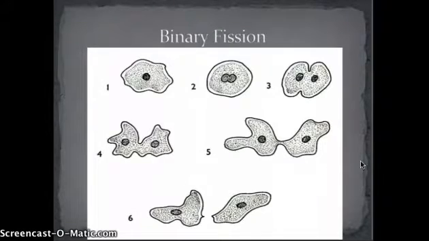We can see here how, in binary fission, we have a single cell, and the nucleus is copied, because remember, the nucleus contains the, that's right, DNA. And so when we copy the DNA, then we're making two identical cells. And then slowly the cytoplasm will divide, so that the cell membranes become separate. So we get two identical cells that have the same exact genes in the nucleus, but they are separate cells.